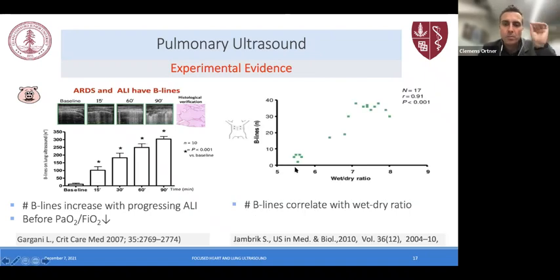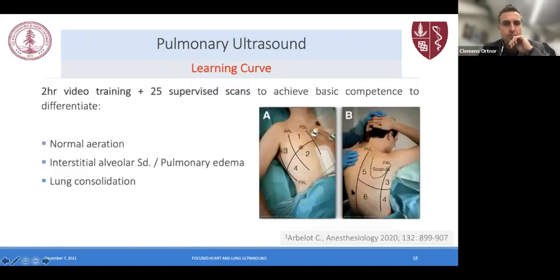And also what is very good, the number of B lines correlates very well with the wet-dry ratio. Another important advantage of lung ultrasound is that it has a much steeper learning curve than, for example, learning cardiac ultrasound.